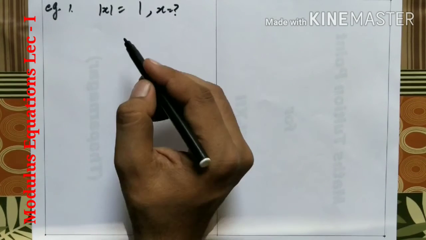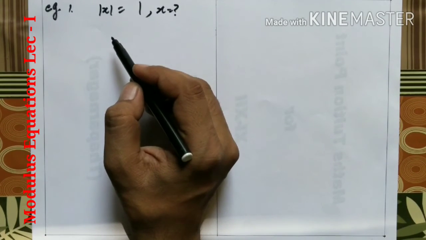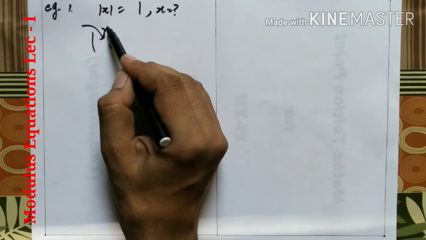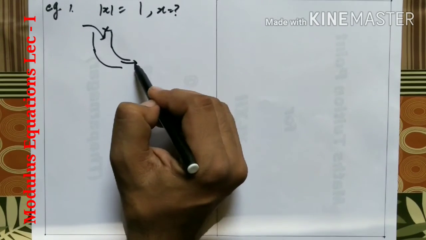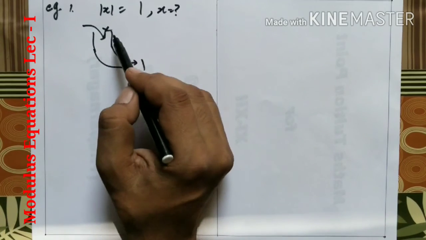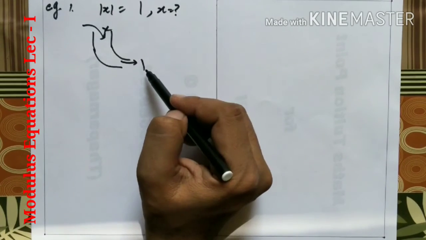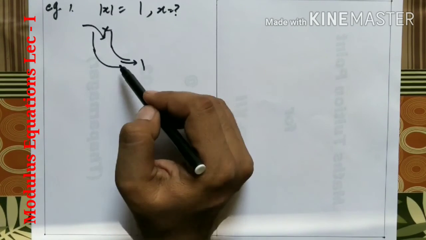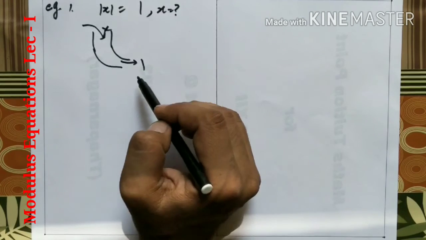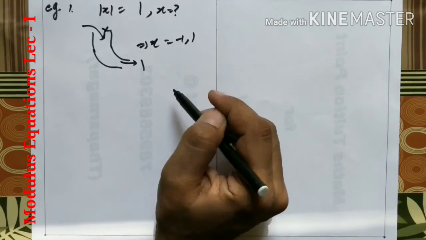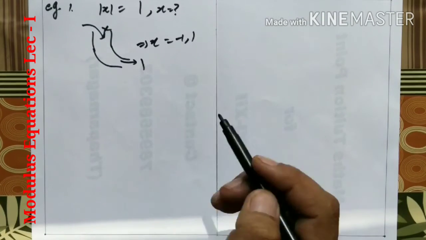With the help of that analogy which we constructed, it is saying that in this machine a number x is inputted and in the output 1 is coming out. So, it is asking what the number can be, so that the output is 1. Obviously, if you input 1 in this machine, the answer will be 1. But if you input -1 in this machine, then also the answer will be 1. So, the possibilities for x will be -1 and +1 both. So, this is the answer for this equation, -1 and +1.